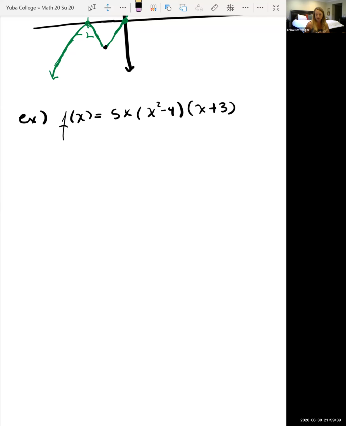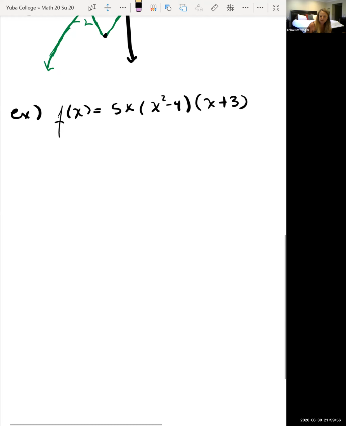Okay, so we want to figure out end behaviors. We want to find our x and our y-intercepts. We want to determine what's happening at the x-intercepts, so we need to determine the multiplicity. And then we can use graphing technology to help us if we need to determine max and mins.